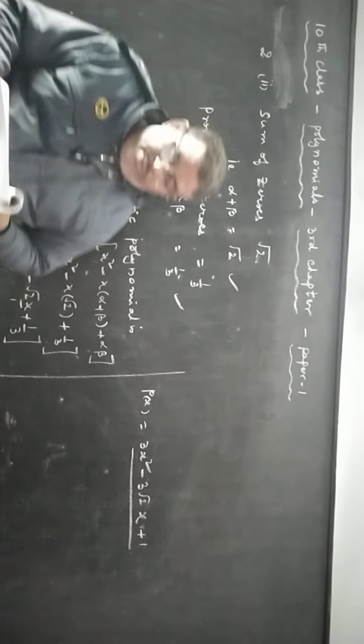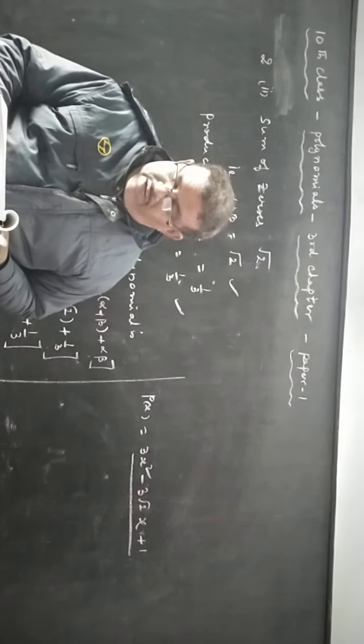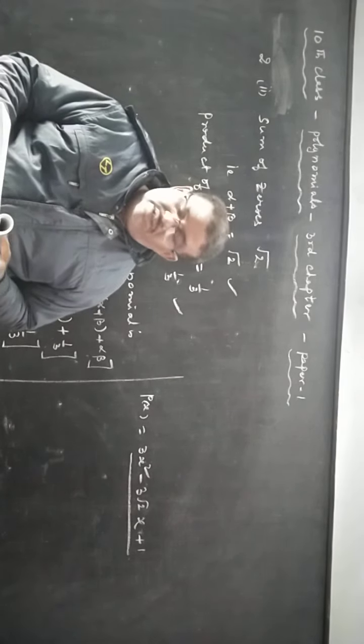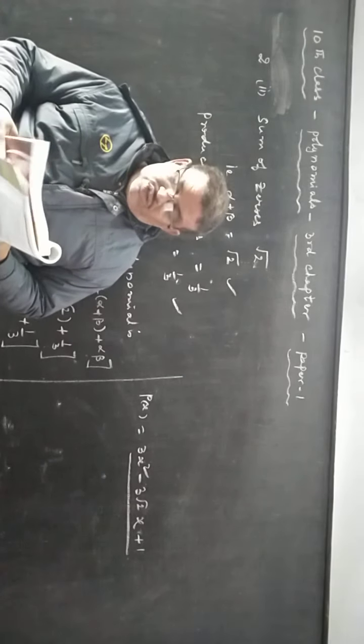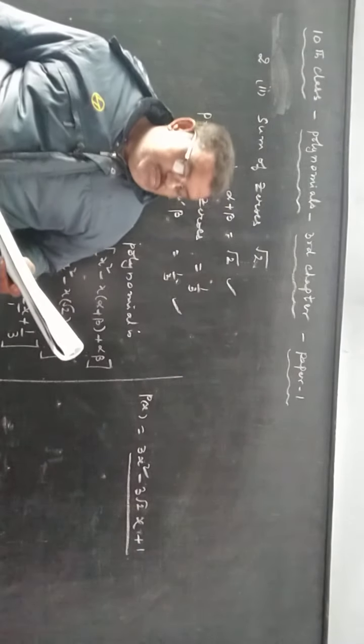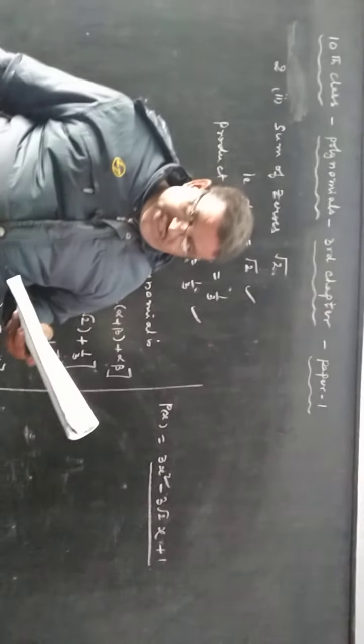And go through the third Roman. Find the quadratic polynomial for the zeros alpha beta given in each case. This model problem also we already did. Once again, I have to say one more question along this model. Third Roman, fourth question. It is given in fractions for you.